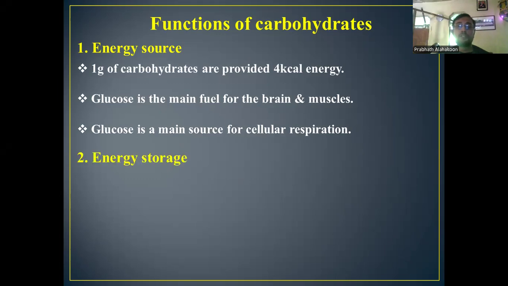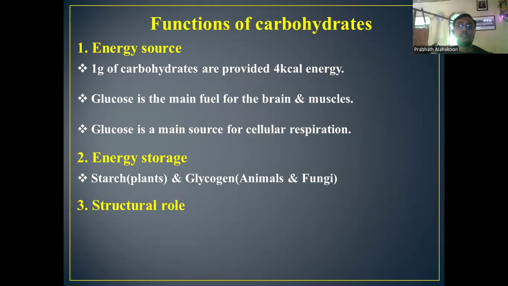Next function is energy storage. Examples: starch is stored in plants and glycogen is stored in animals and fungi. Next function is structural role. Cellulose is in the plant cell wall and chitin is in the arthropod exoskeleton.